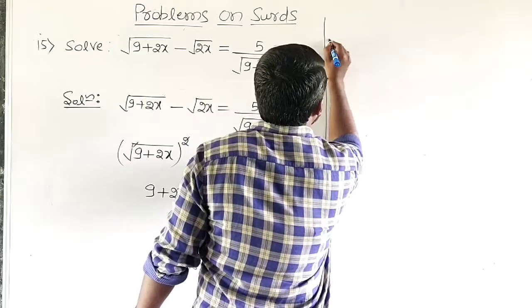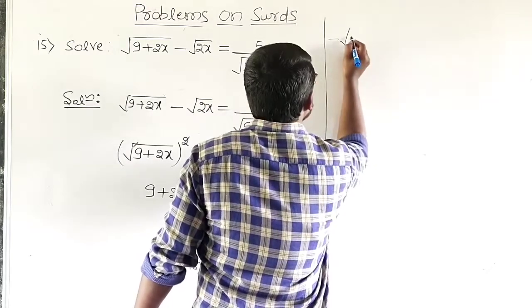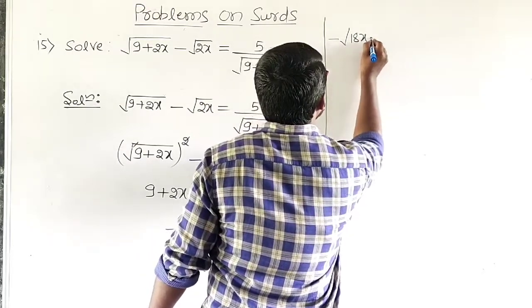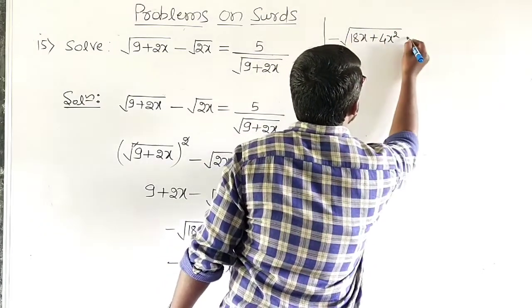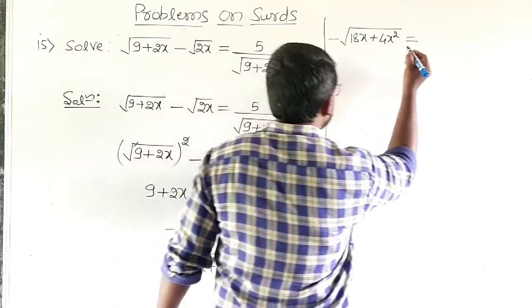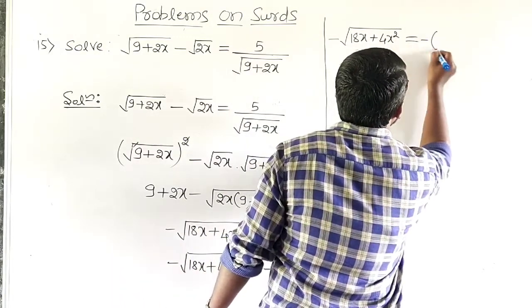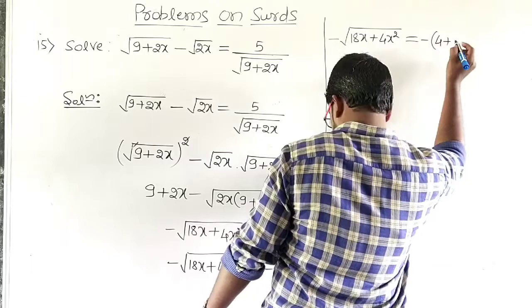So write the LHS as it is, minus square root of 18x plus 4x square which is equal to, so take minus common here, so minus of 4 plus 2x.